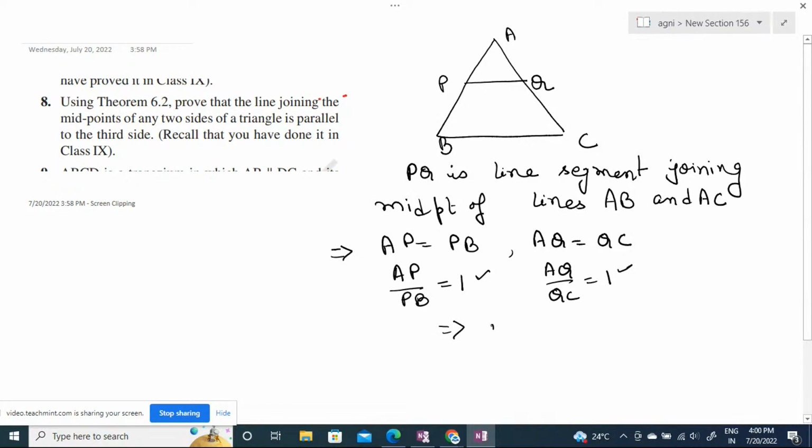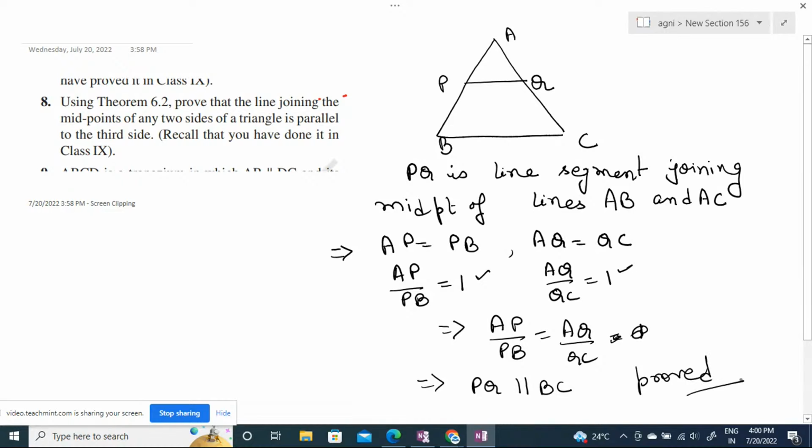So we can write AP upon PB is equal to AQ upon QC is equal to 1. So when the ratios are equal, then we can say that PQ is parallel to BC. So it is proved. So these are the two theorems. If the theorem is asked in your examination, you have to write this.